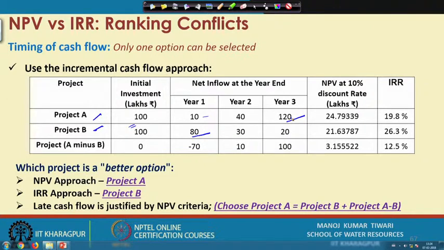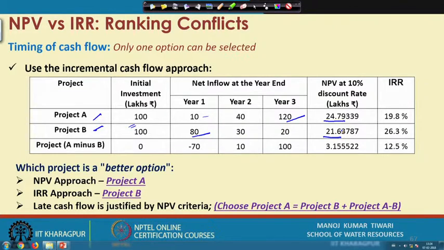Now, if we compute the net present value for these two projects, we get 24.8 lakh rupees for project A and 21.6 lakh rupees for project B. This suggests that project A is a better option than project B. This NPV is calculated at a 10% discount rate.